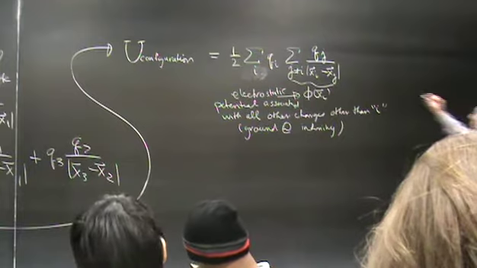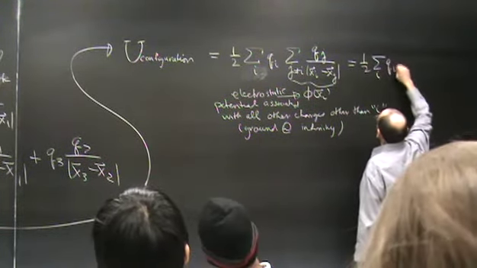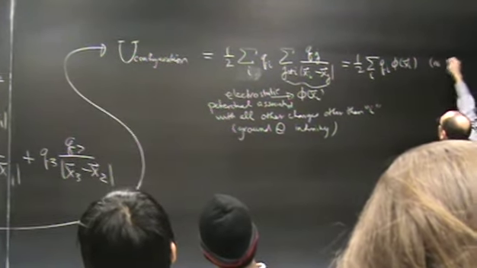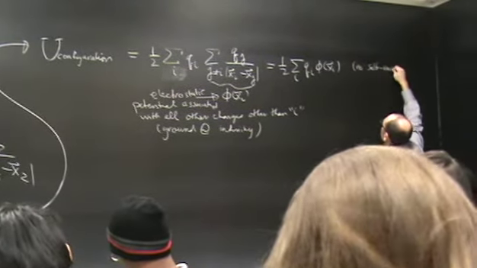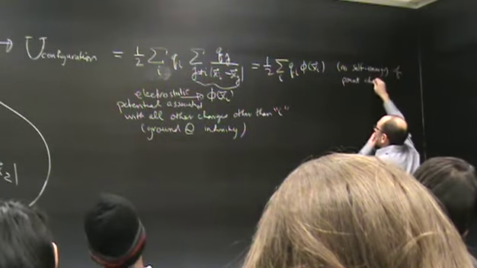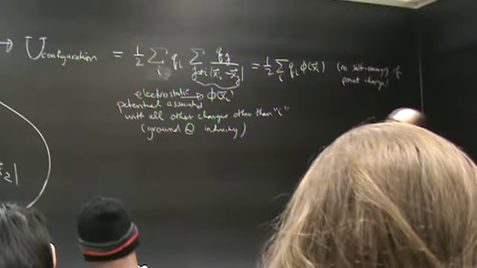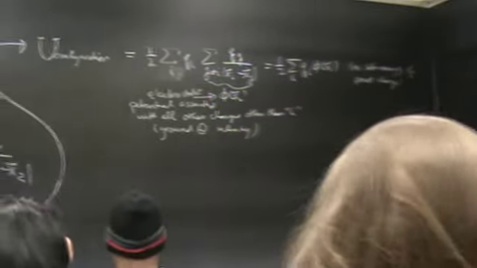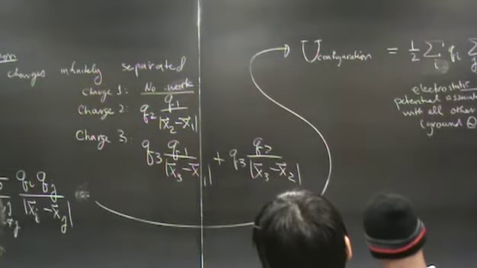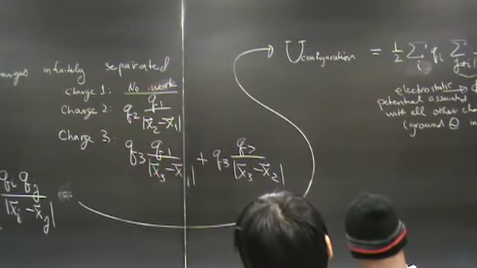So I can write this as 1/2 the sum over i of Q_i times the potential at i, with no self-energy. That was sort of implicit in the fact that it took no work to bring the original point charge in. So we didn't count the force against itself.